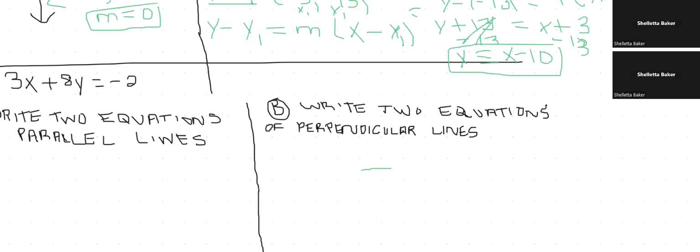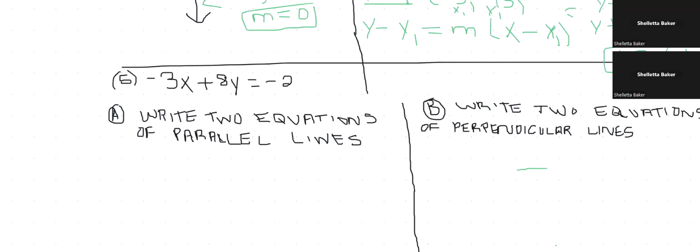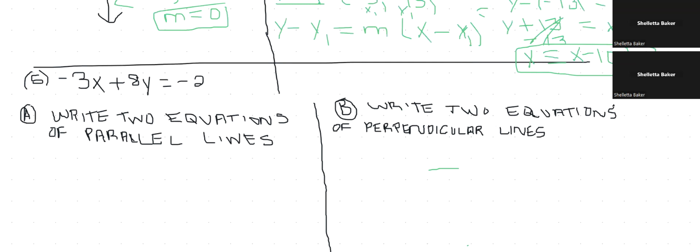Now for problem number 5, it's 2 parts. You have to write 4 equations, 2 equations of a line that's parallel to this given line, the -3x plus 8y equals -2, and then 2 equations that's perpendicular. Now what we know about parallel lines is that they have equal slopes.